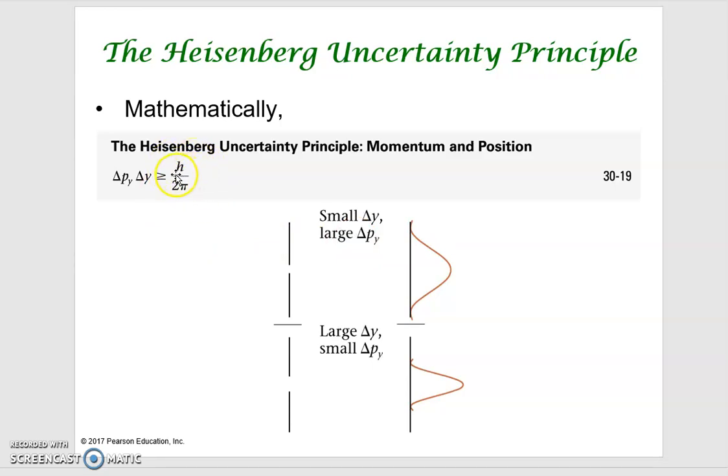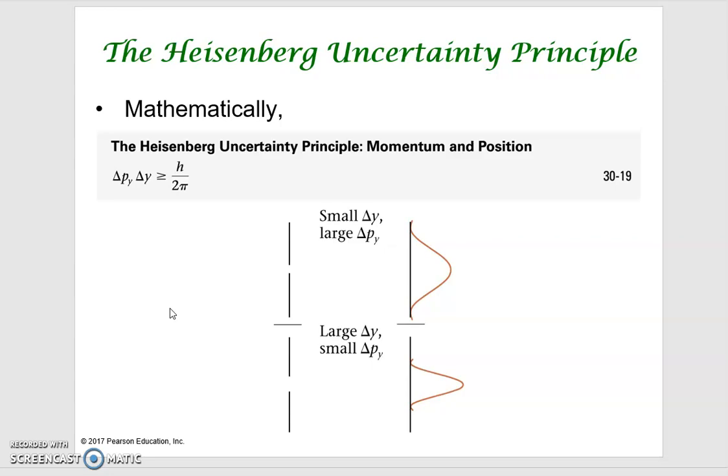And we have learned that h is the Planck constant, very small. Therefore, the Heisenberg uncertainty principle is only important when you are dealing with a particle at a scale of 10 to the negative 10, which is the scale of the proton or the atoms.